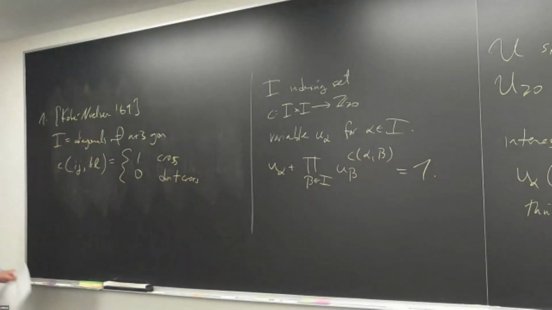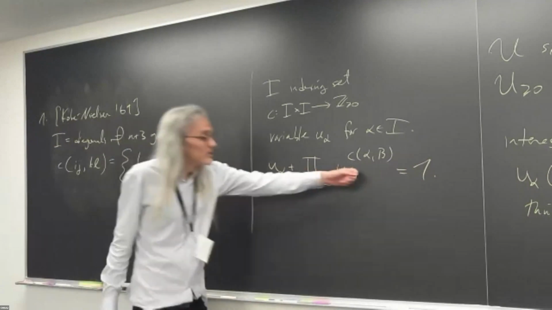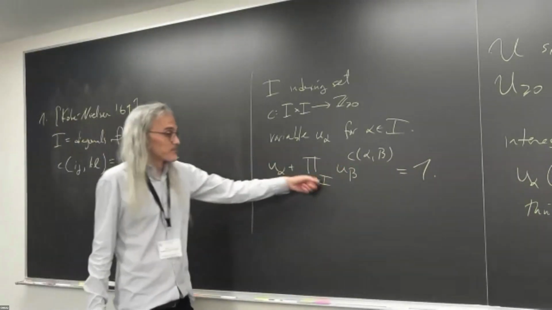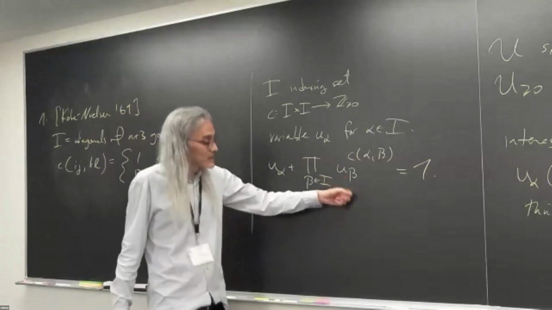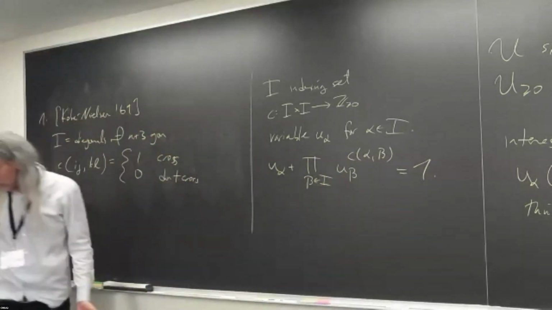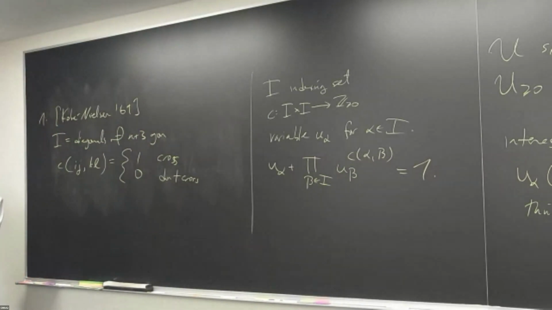Then this gives rise to a system of equations: U alpha plus the product of the U betas where beta crosses alpha is supposed to equal 1. That's one version of the system of equations that Koba and Nielsen wrote down in 1969.